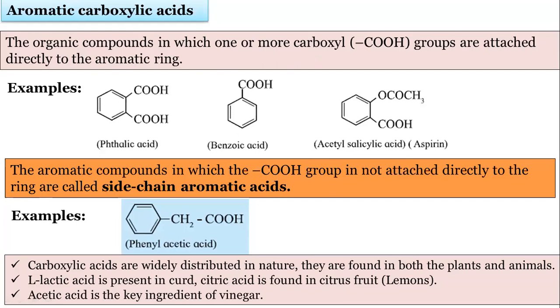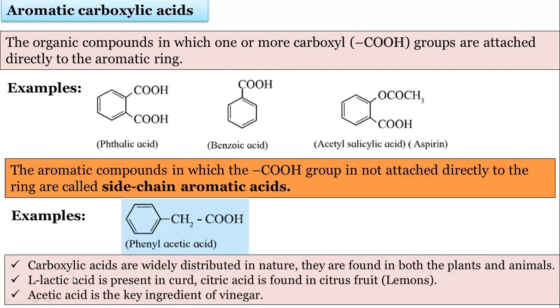Then there are aromatic compounds in which the COOH group is not directly attached to the benzene ring. See in this example, the COOH group is not directly attached to the benzene ring, but it is attached to the CH2, and this CH2 is attached to the benzene ring. Such carboxylic acids are called side chain aromatic acids or side chain carboxylic acids.